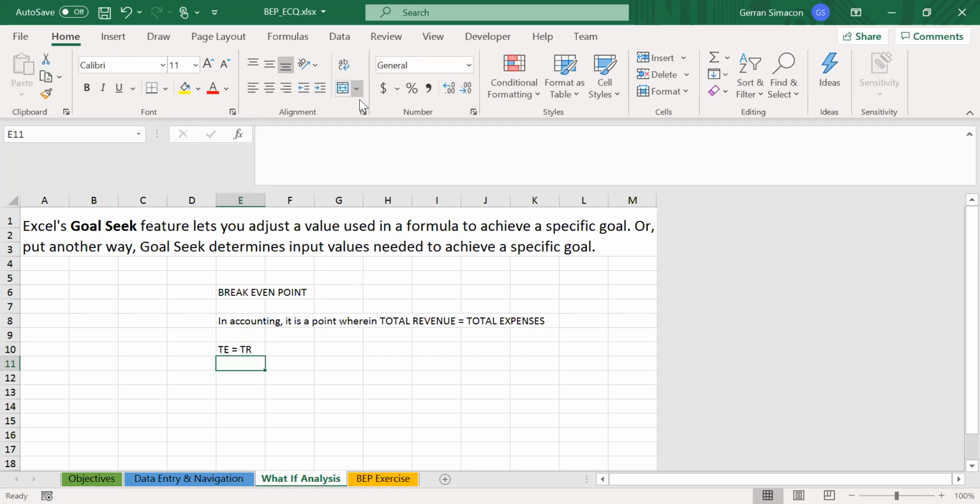I will share Microsoft Paint to show you our formula. So BE stands for the break even. To get the break even value, the total revenue is equal to the total expenses, right? Let me know if you're with me.